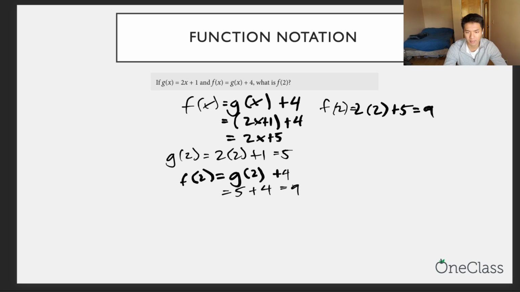The thing that we want to keep in mind is that the initial approach of combining the composite functions into a single function is going to be more ubiquitous. What I mean by that is, the work might be similar in terms of finding just f of 2, but if a different question wanted us to find f of 3, we could plug that in easily. We get 11. If it wanted us to find f of 10, we could plug that in and we get 25.